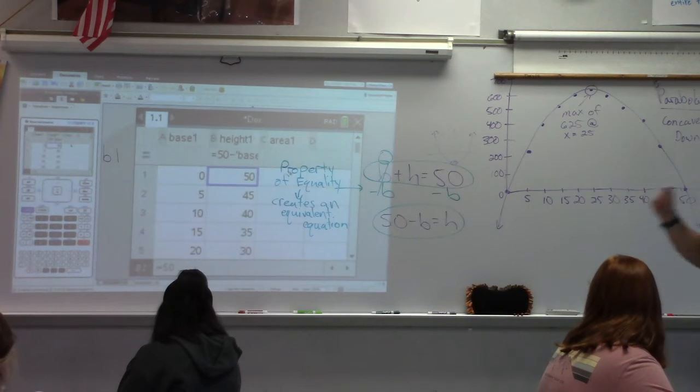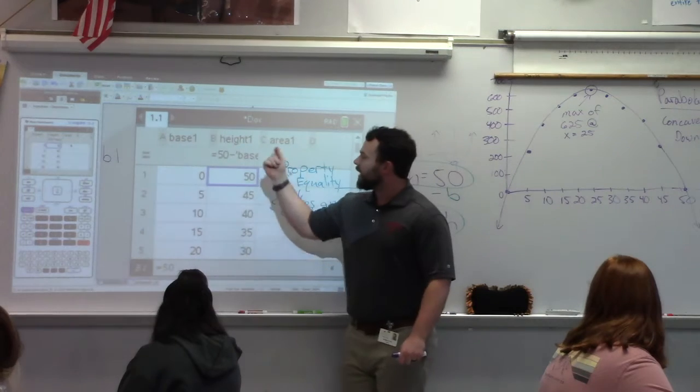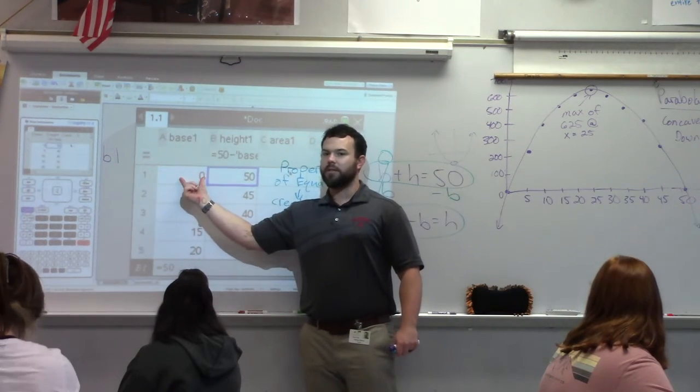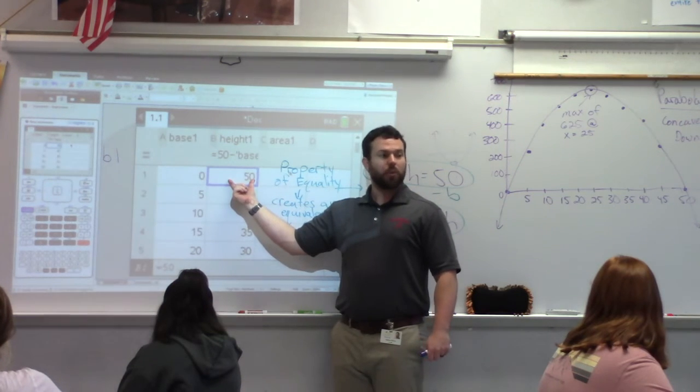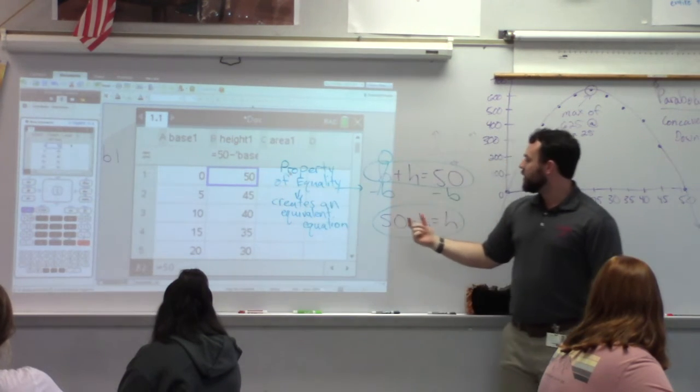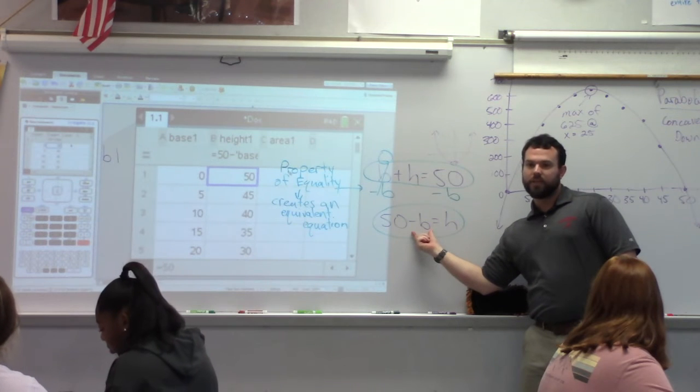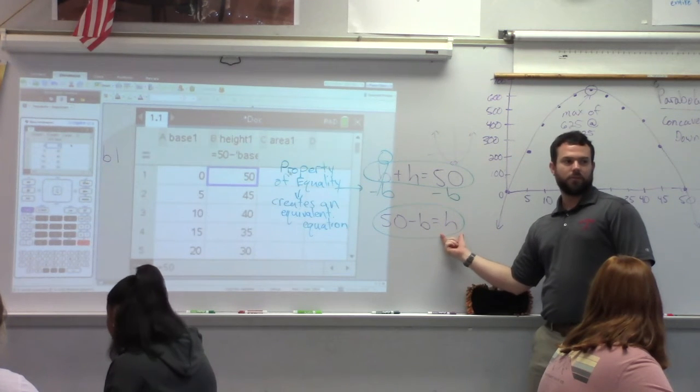Because this explicit equation, the calculator is taking this input, substituting it in, and getting this output. That's what an explicit equation does. You take an input, you substitute the input in, you get an output out.